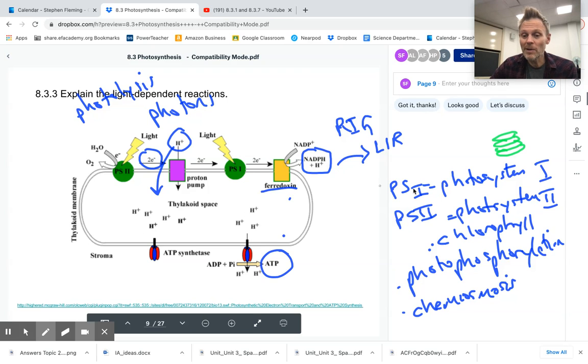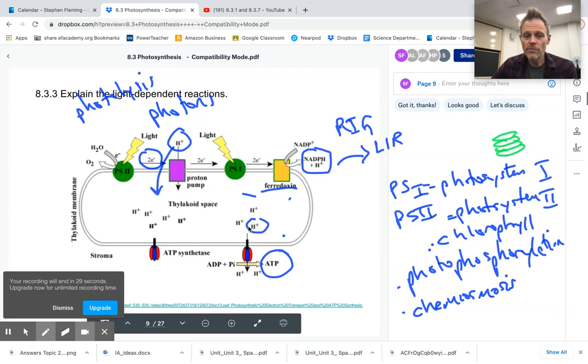Well, we haven't talked about chemiosmosis and photophosphorylation, so let's do that now. So now we have a high concentration of hydrogen protons inside the thylakoid space. They're going to move through this membrane protein, ATP synthase.